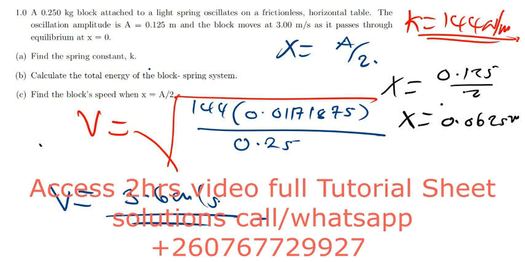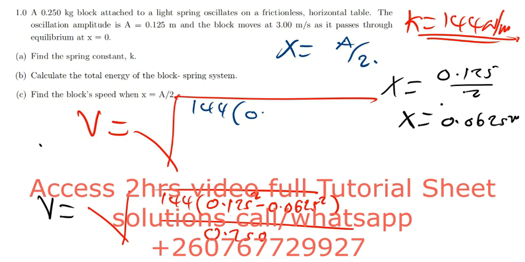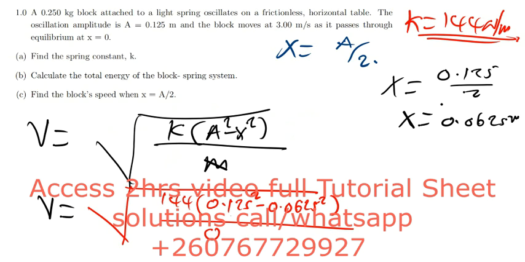Then the square root of this I'm getting again different answers. I think my calculator is having some issues. So to make things simple, let me write this formula from here. But if your calculator is working well, you are supposed to get close to 1.5 meters per second.